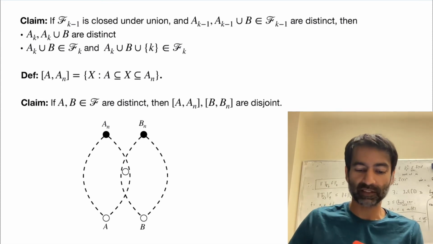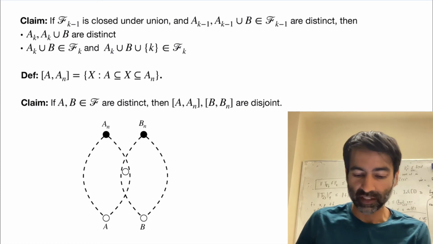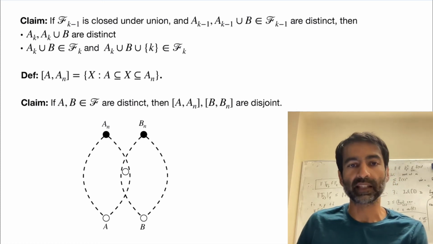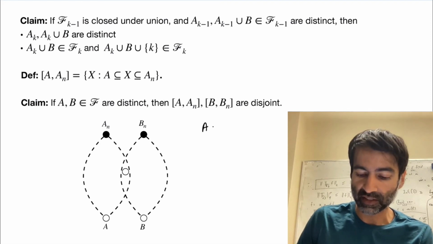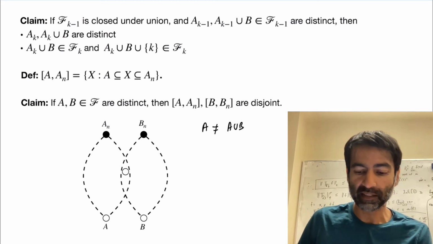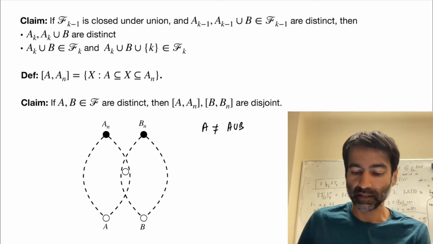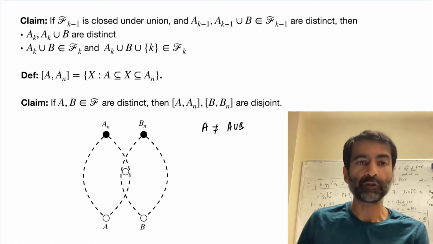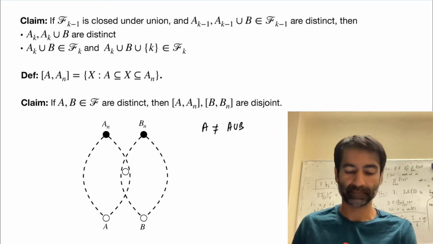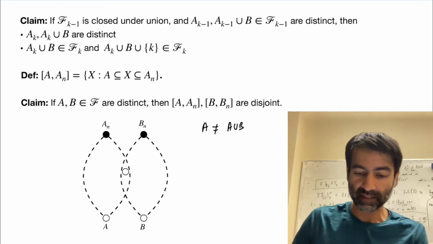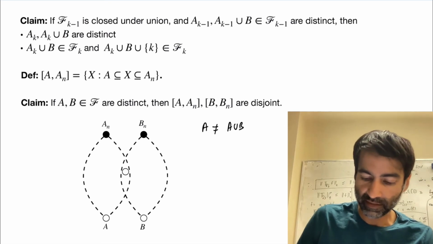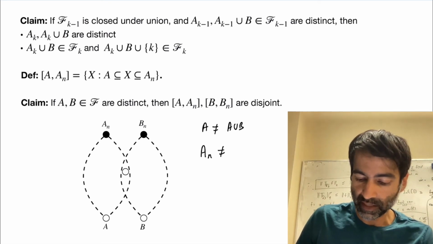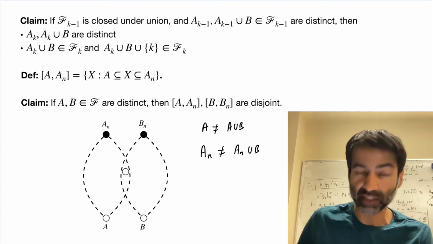And that's because, by the claim here, if you have two sets A and B like this, then either A is not equal to A union B or B is not equal to A union B. So let's assume that A is not equal to A union B. Then I can apply the claim, and since A and A union B are distinct, we'll get from the claim, after repeatedly applying it, that A_n and A_n union B must be distinct.